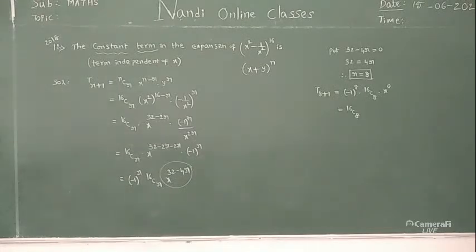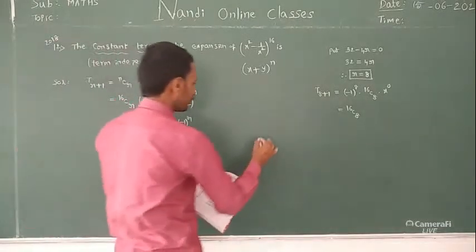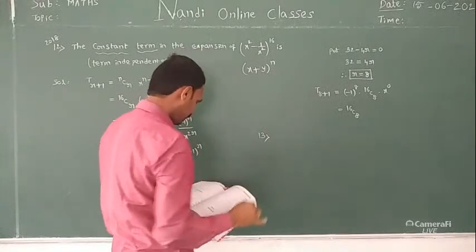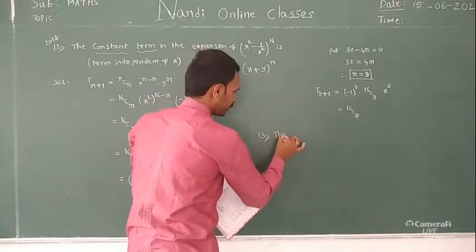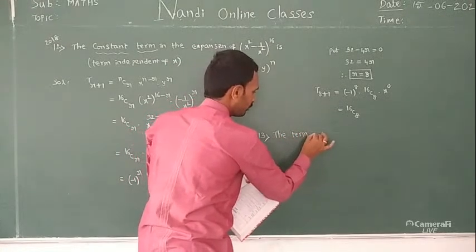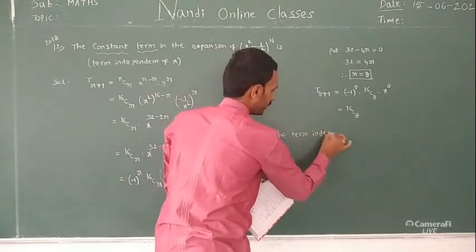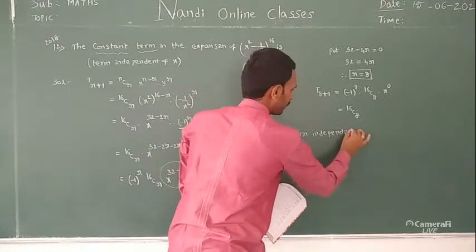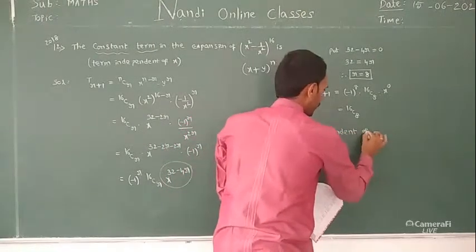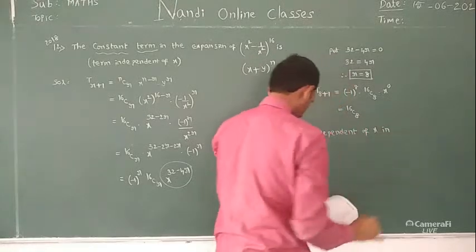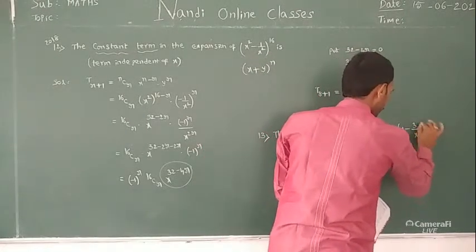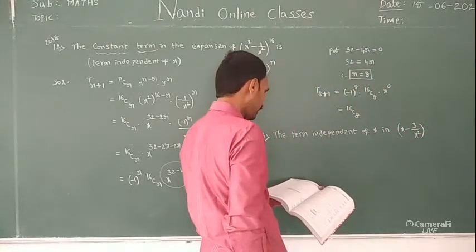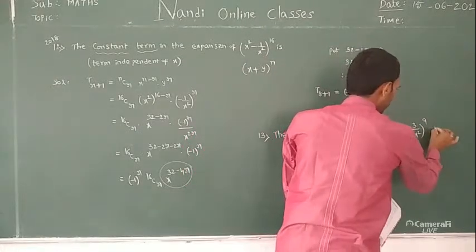Okay, do one problem as homework. Problem 13: the term independent of x in x minus 3 by x square whole power 9 is.